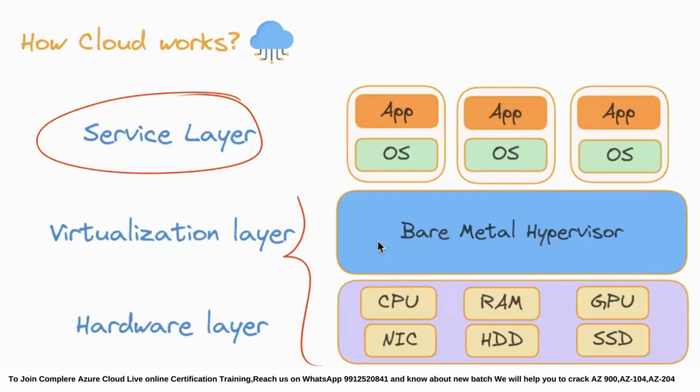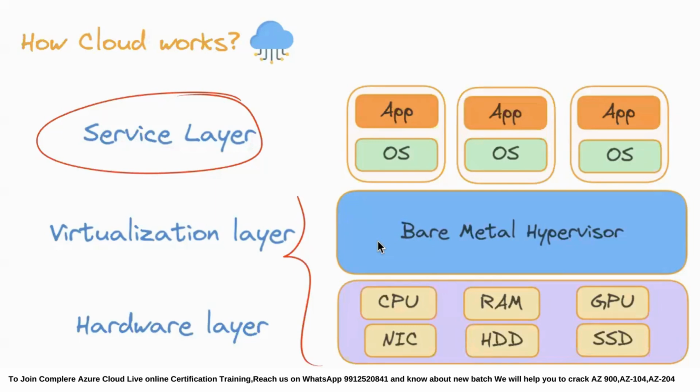Behind the scenes, this is what is happening in the cloud industry. So just understand what the service is doing, because in Azure we call them VMs, in AWS we call them EC2s.